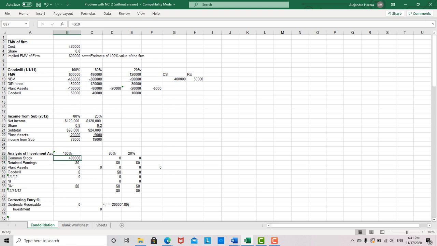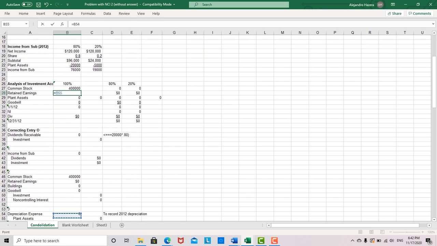Now, the goodwill calculation was made at January 1st, 2011, and I've said that everything above this line is January 1st, 2012. We assume in this class that common stock doesn't change, so that's based on assumption. Now, retained earnings at January 1, we can't use those because those are retained earnings at January 1, 2011. So what we'll do, and once again I emphasize this, is go down to the statements.